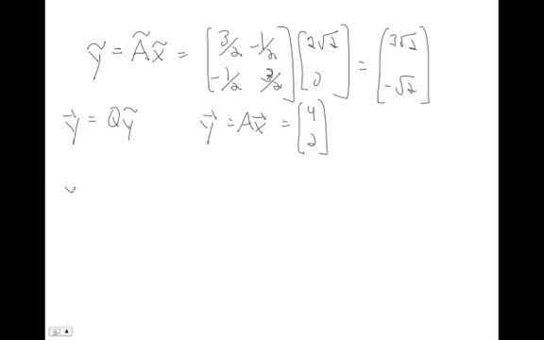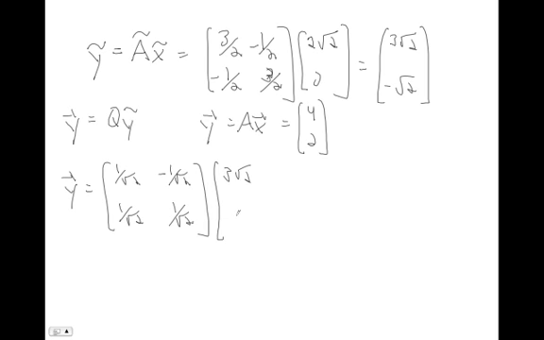So y tilde equals Q, and so Q is 1 over square root of 2, 1 over square root of 2, minus 1 over square root of 2, 1 over square root of 2. And our y tilde that we just computed was 3 square roots of 2 and minus square root of 2. And when I multiply those two together, I get 3 plus 1 and 3 minus 1.